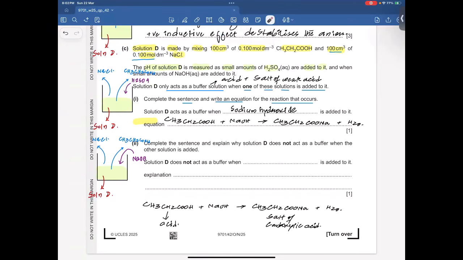Complete the sentence and explain why solution D does not act as a buffer when the other solution is added. Solution D does not act as a buffer when sulfuric acid is added to it. Explanation: since both are acids, they cannot react together.